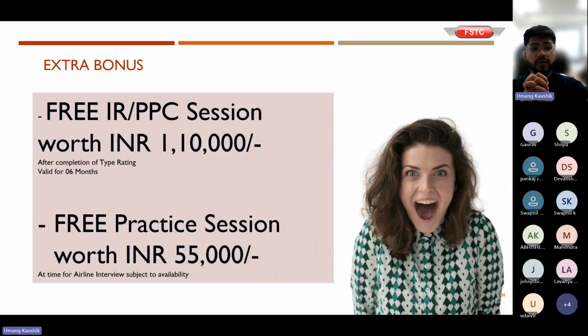You ask them cost and you will know what's the reality. You go to any other ATO, go for refresher courses, ask that I want to do your IRPPC session. Just ask. Tell them you are type rated and ask them that I want to do an IRPPC check for my 0 to 6 month category. They will tell you the price. Go do your own research. Right?